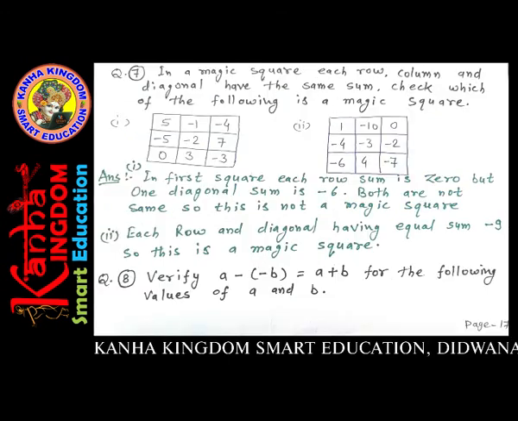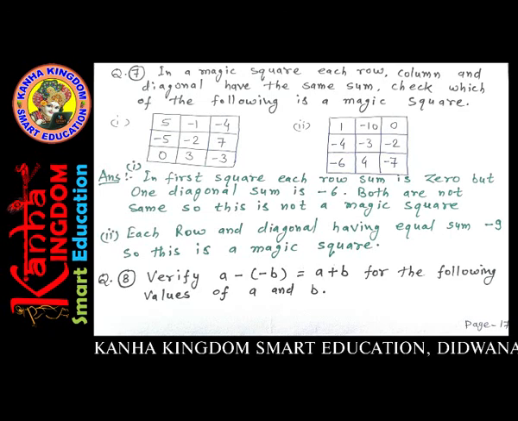Question number 7. In a magic square, each row, column and diagonal have the same sum. Check which of the following is a magic square. As shown in the diagram, there are two squares.